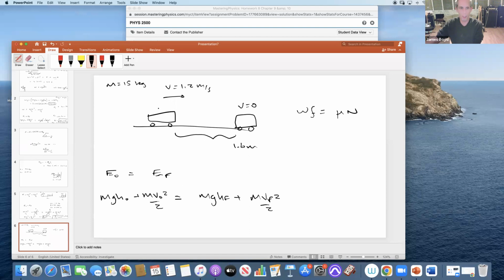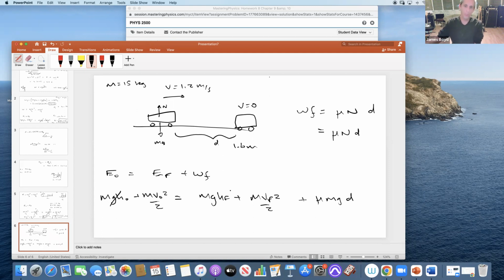For a flat object, n is up, weight is down, so n is mg. We can either subtract it from the initial or add it to the final. I'm going to add it to the final: mu mg d. That is the work of friction.